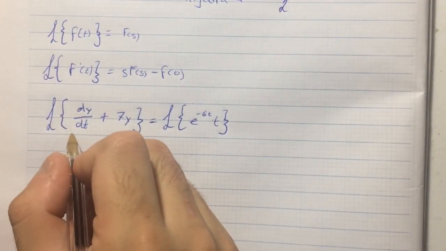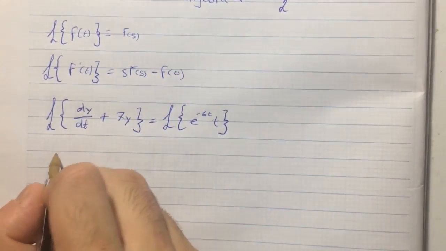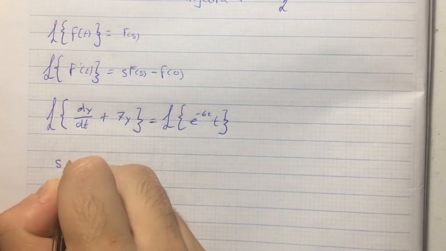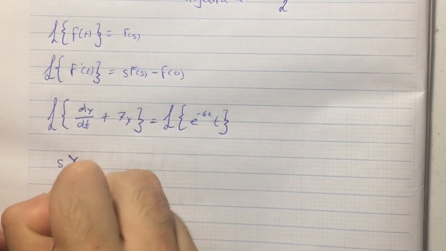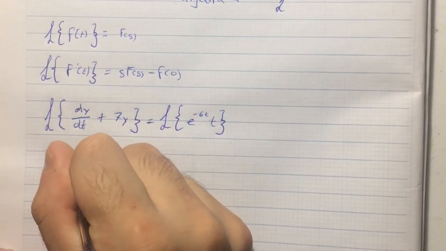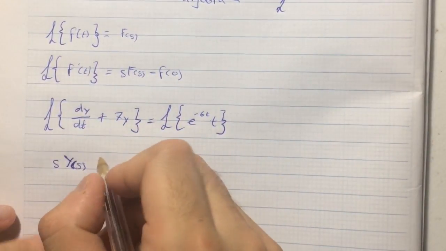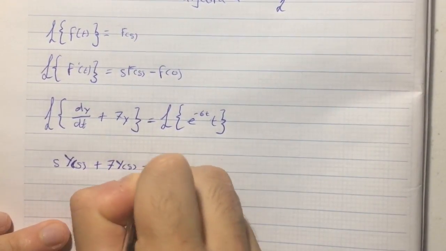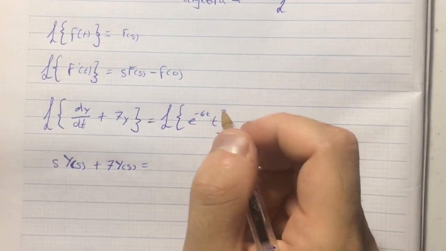Now, we already know how to take the Laplace transform of dy/dt. That's just s Y(s). I'm using Y(s) because we're dealing with y. It depends on the equation you're dealing with. So sY(s) plus 7Y(s) equals. Now, what's the Laplace transform of this?